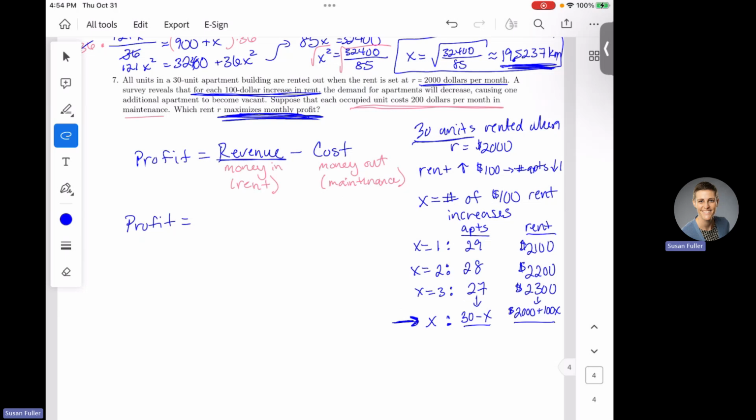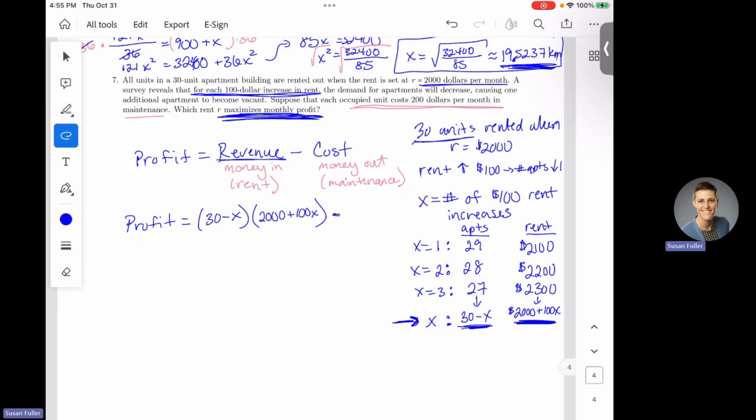Well, each apartment is going to pay the rent, so I'm going to multiply the rent by the number of apartments to figure out how much total money is coming in. So I'm going to have 30 minus X apartments times 2,000 plus 100x dollars per month. That's going to give me the total amount of money coming in.